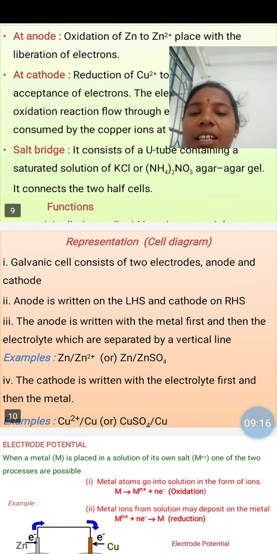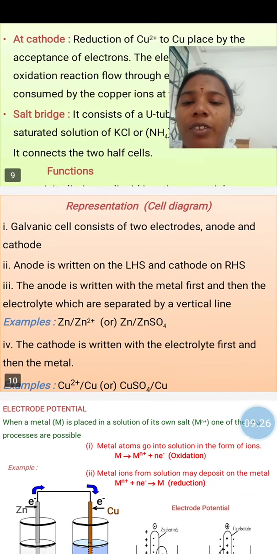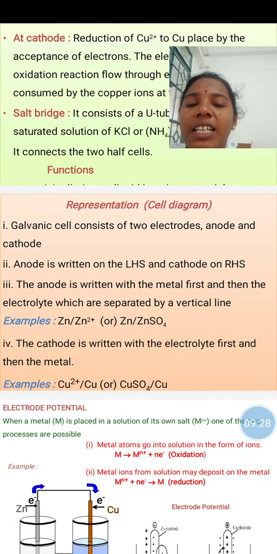Then cell representation. A galvanic cell consists of two electrodes, anode and cathode. The first rule: the anode is written on the left hand side and the cathode on the right hand side.